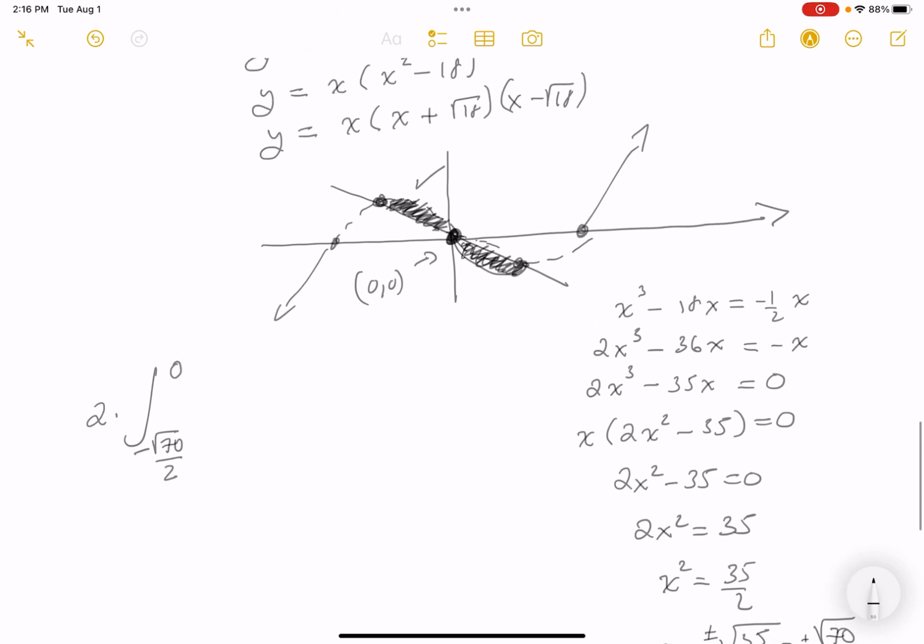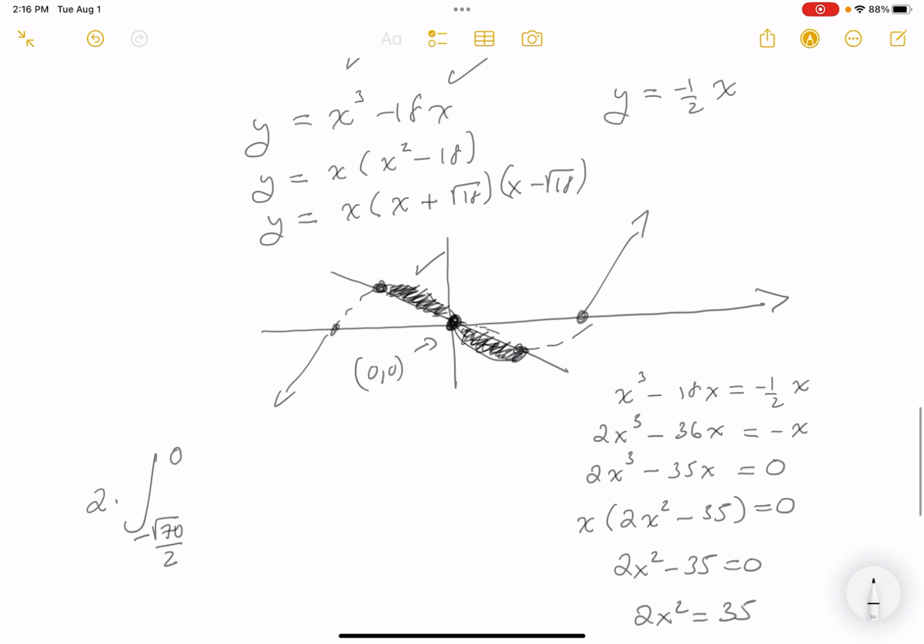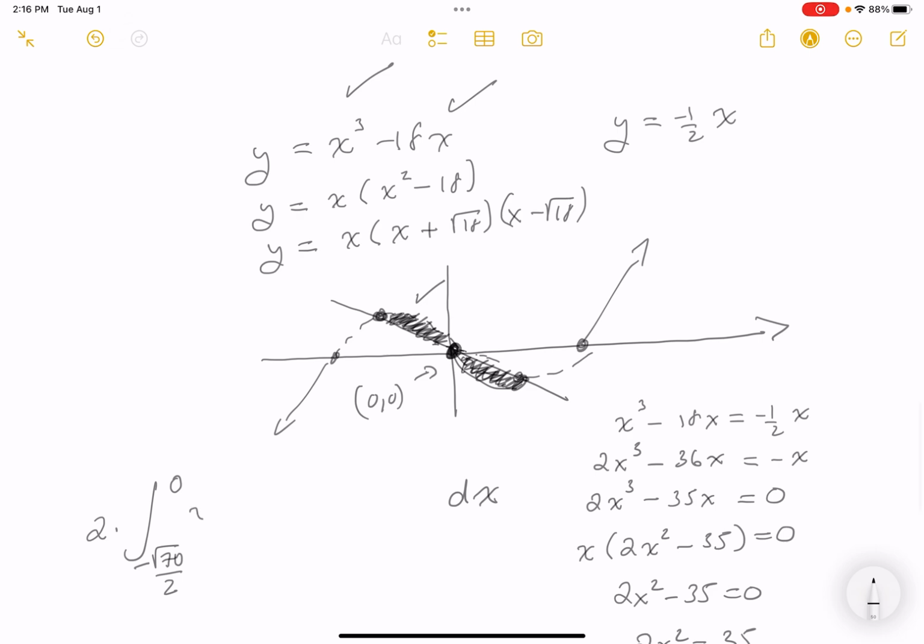What's the upper curve? It's that cubic, right? Oh, by the way, the differential here is dx. The upper curve is x cubed minus 18x, minus, what's the lower curve? Minus 1/2 of an x. Oh, I'm sorry, it's minus a minus a plus.